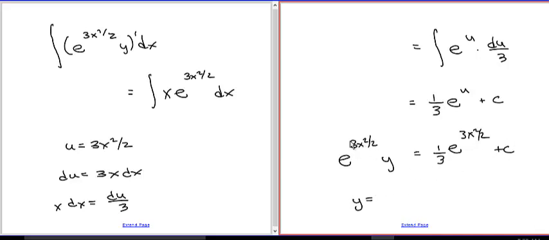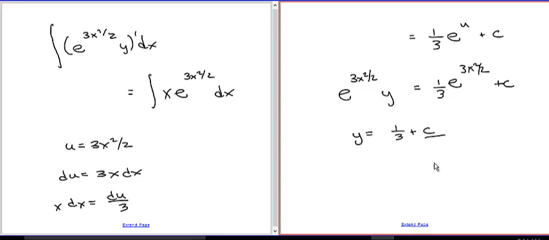If I divided every term by e to the 3x squared over 2, I'd end up with 1/3 plus c divided by e to the 3x squared over 2, or y is equal to 1/3 plus c e to the minus 3x squared over 2. So I've just moved that from the denominator to the numerator. I mean, either one's fine.